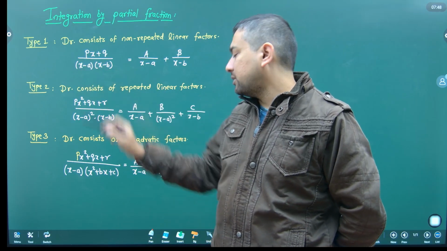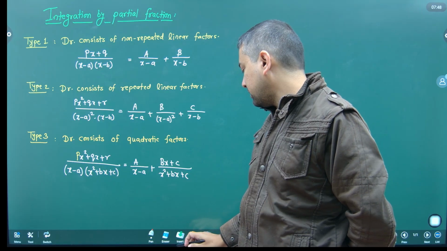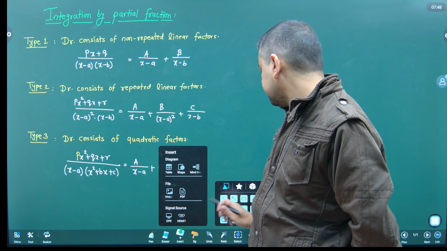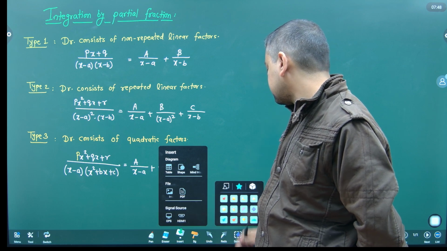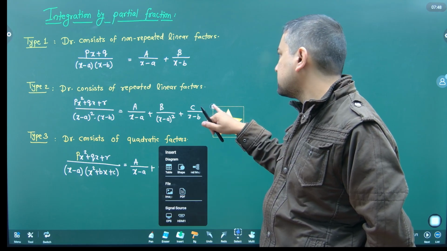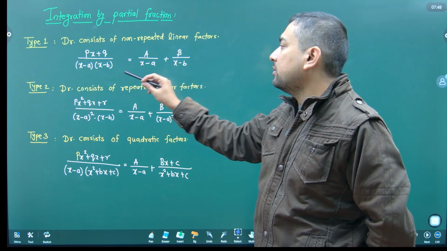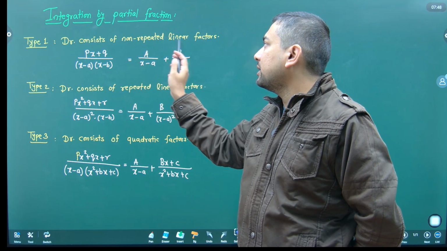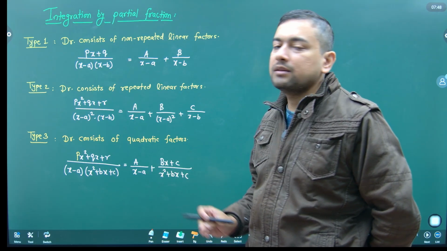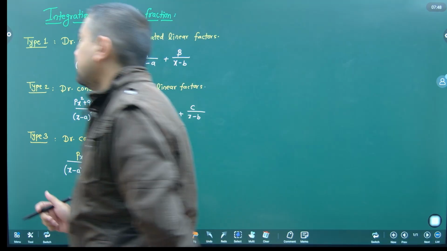In type number 1, the denominator consists of what? Non-repeated linear factors. What do you mean by non-repeated linear factors?